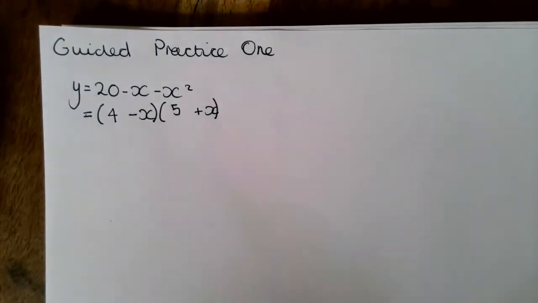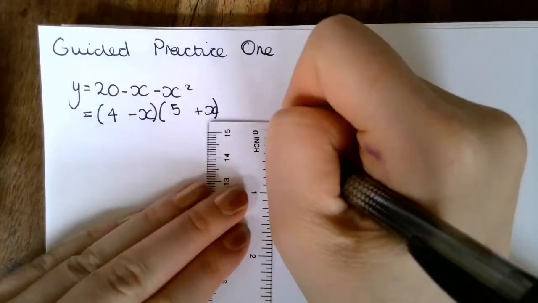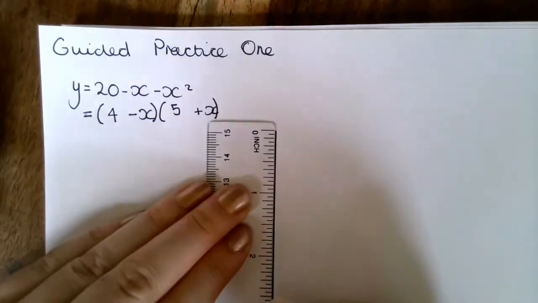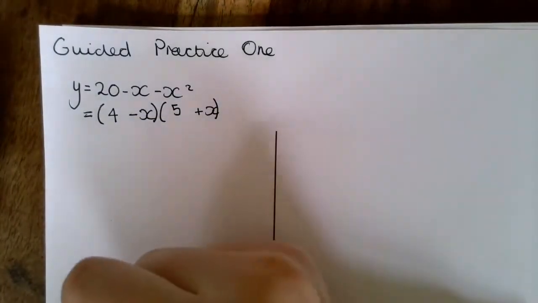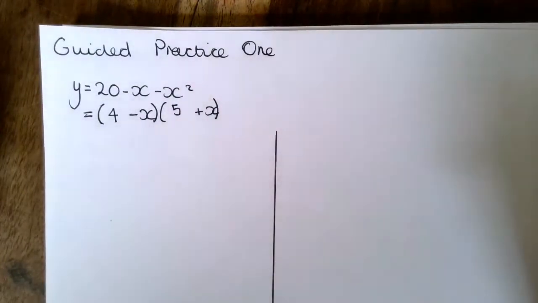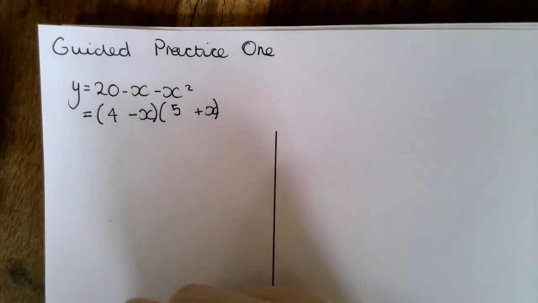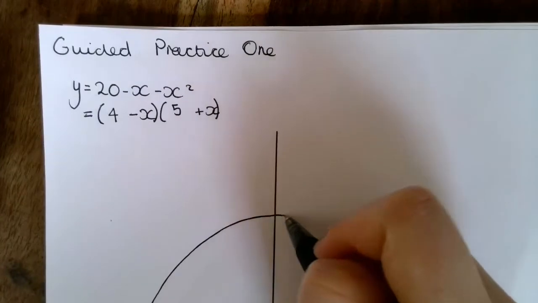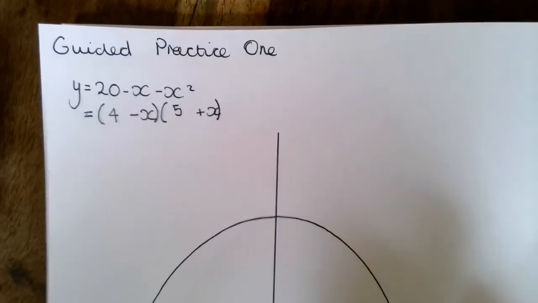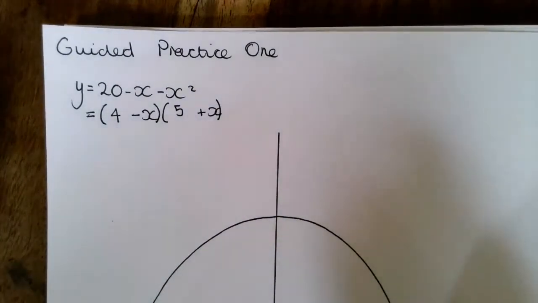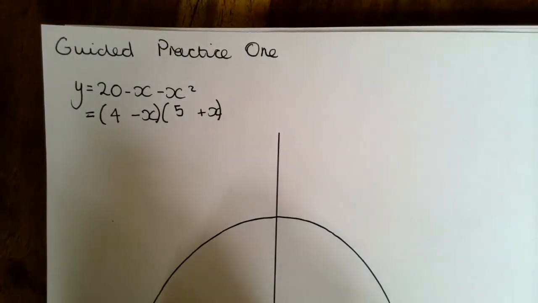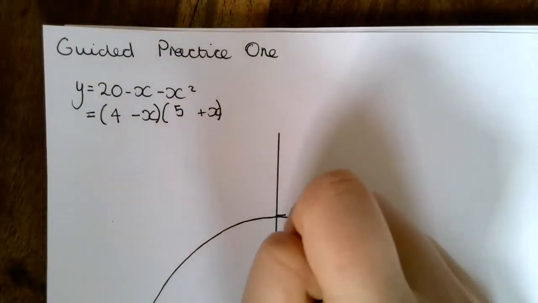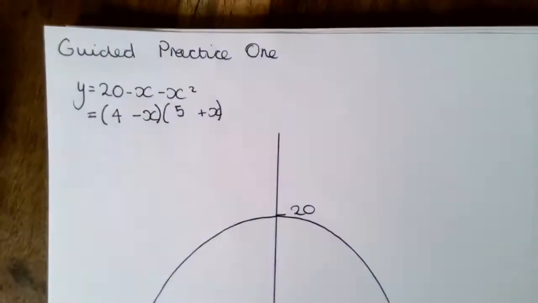My y-intercept is going to be 20, and we're going to have that upside down quadratic shape, that negative quadratic shape. So it's going to look something like so. I've got a root at 4, one at -5, and my y-intercept at 20.